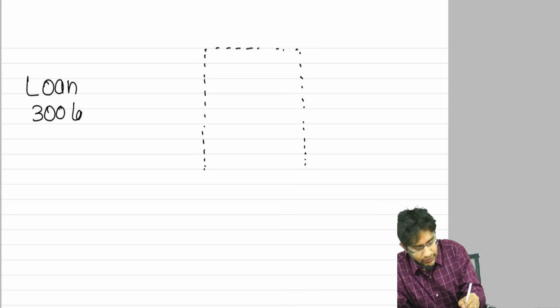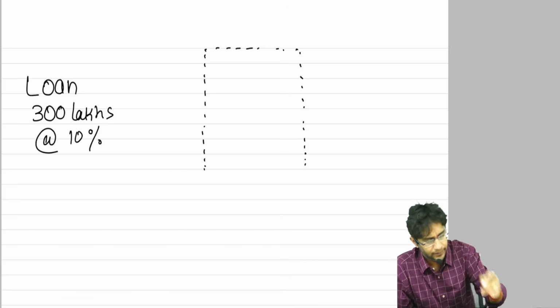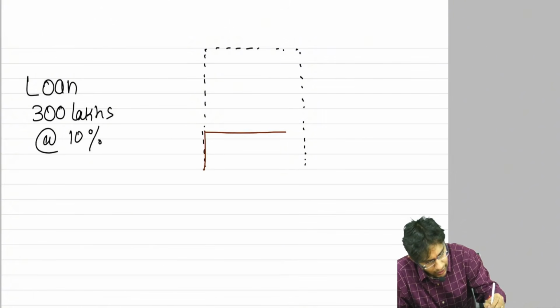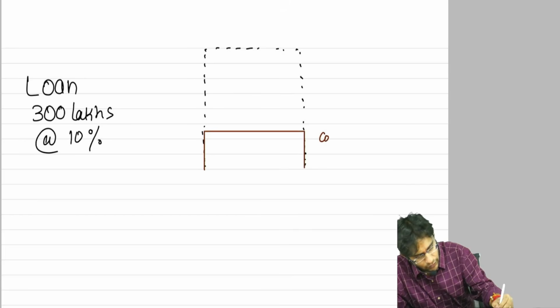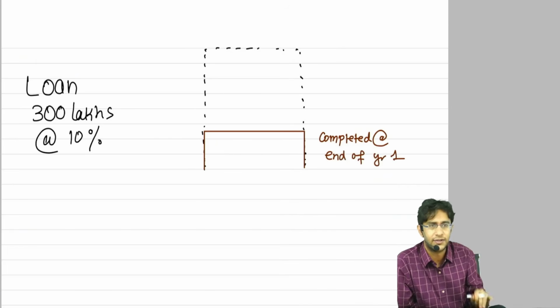Let's say 300 lakhs, 100 lakhs for each floor, at the rate of 10%. On the last day of the current year, I concluded that the first floor is completed at the end of year 1. The remaining 2 floors are still under construction, sir.